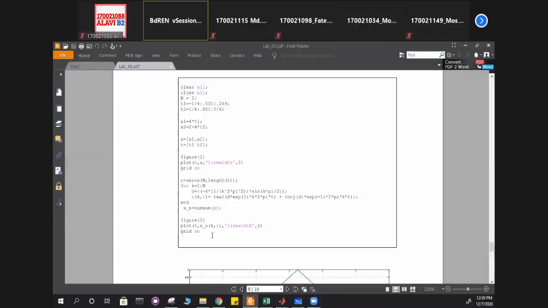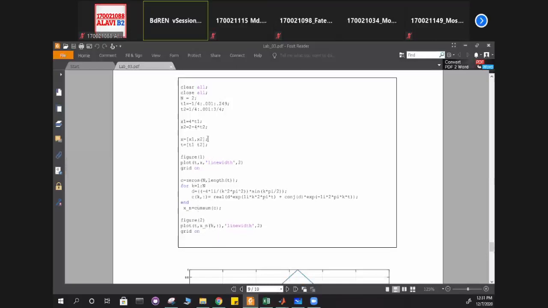So, what is the value of k here? The k will be 0, 1, and 2. No, no, but during the plot, this k value is fixed. We're not changing it, isn't it? Yes, sir, that's true. We're not changing it. So after running the whole code, what will be the value of k in this particular line?